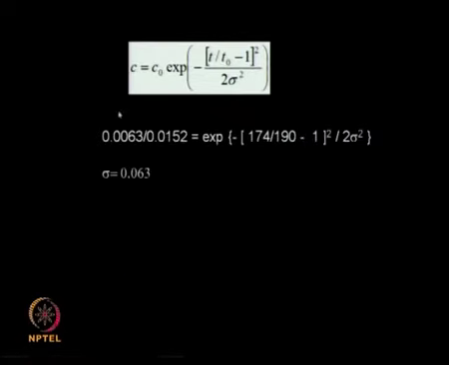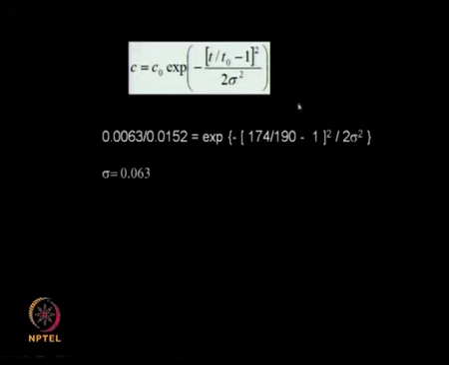C is 0.0063, C naught is 0.0152, that will be equal to e power minus (T minus 1 whole square by 2 sigma square), with T equal to 170 and T naught equal to 190. The only unknown here is sigma. So from there I can calculate sigma as 0.063. Please remember the standard deviation is sigma into T naught, that is the retention time.